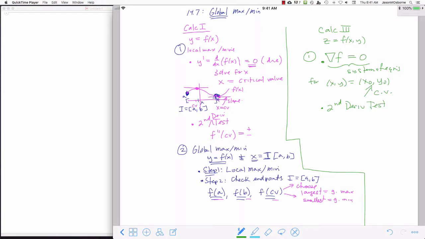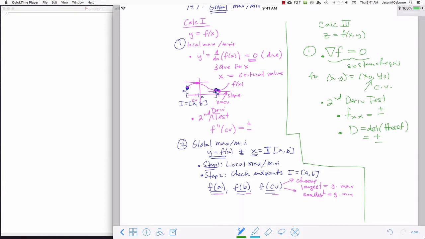And the second derivative test, we know that that comes down to looking at the values of the second derivative and the discriminant, or the determinant of your Hessian matrix, and you care about the positivity, negativity of the fxx and the determinant. Okay? That's part one of a global max-min problem.